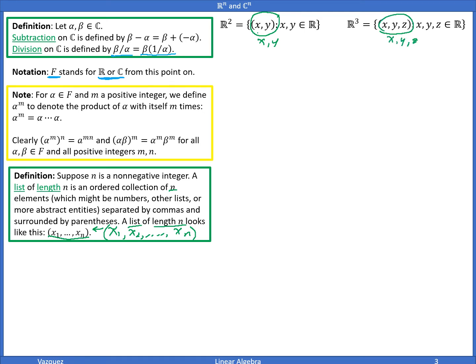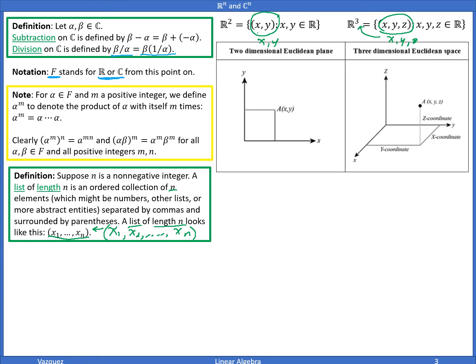Again, they're all real numbers. And this is R3 because our list is of length 3. Now visually, what do these spaces look like? Well, this is a Euclidean plane. This is what R2 looks like. And on the right, we have R3, with x, y, z axes. That's what R3 and R2 look like.